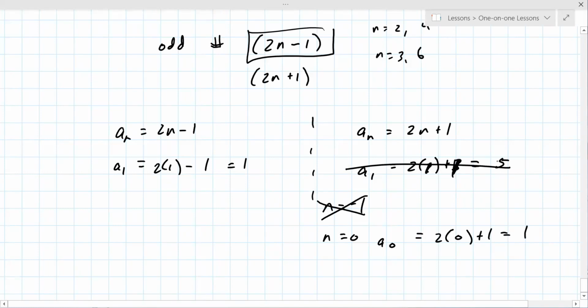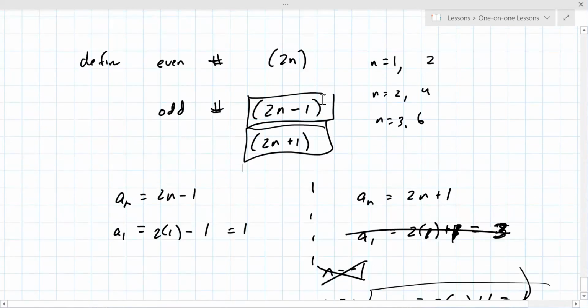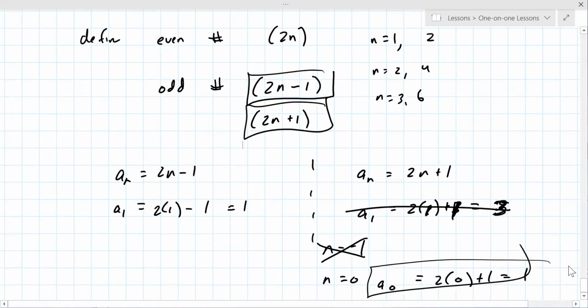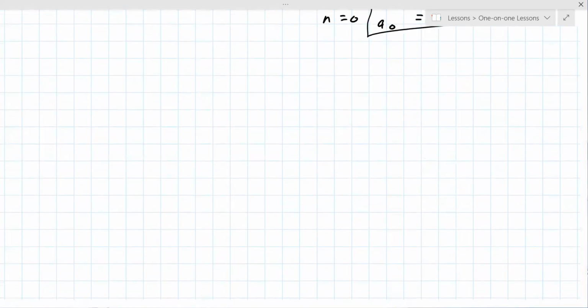I'm sorry, I put the wrong number here. That should be 3. And that could be something that you could see here. So there are 2 ways to define odds, and you need to know about both of them. But there's only one way to define even functions. That makes sense. All right.